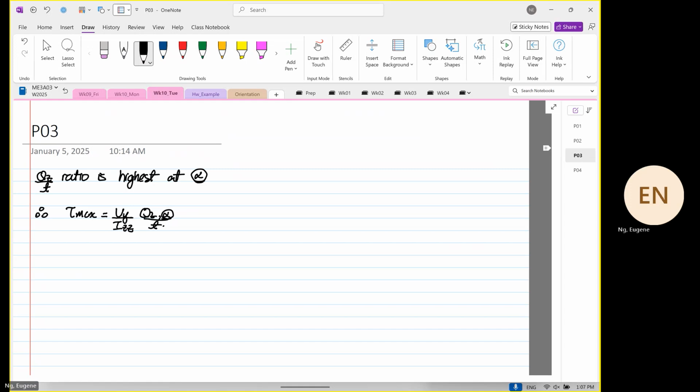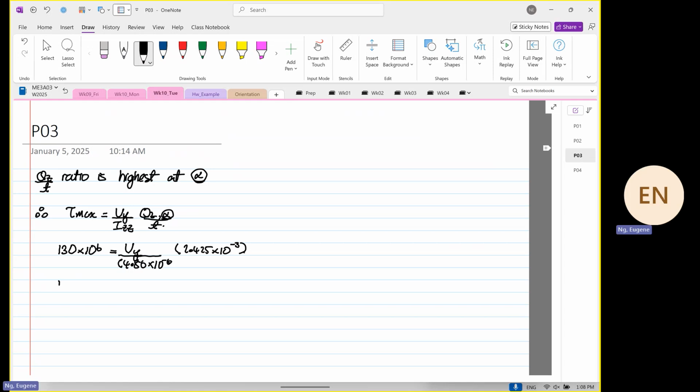Like what I told you all yesterday, tau max is 130 times 10 to the power 6. This is Vy, and then your second moment of area is 4.86 times 10 to the power minus 6, multiplied by QZ over T, which is equal to 2.425 times 10 to the power minus 3.